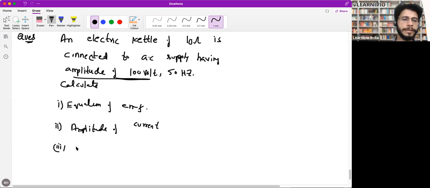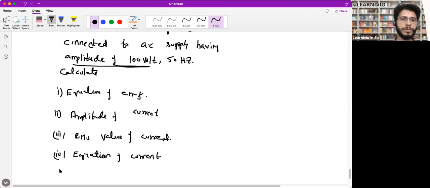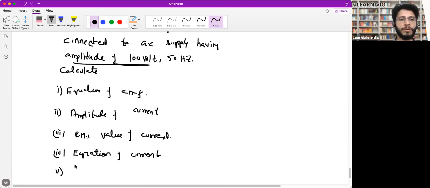Then I need RMS value of current. Next, I need equation of current. Next, I need power dissipated.